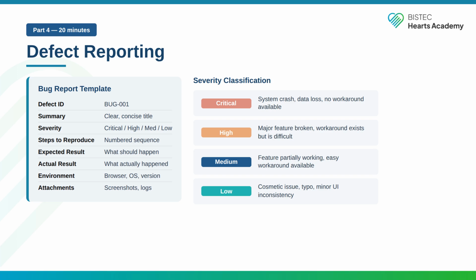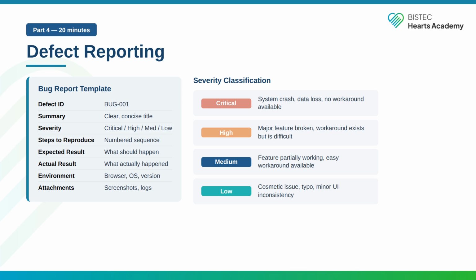High means a major feature is broken, but there is a difficult workaround. For example, the Add to Cart button does not work on the product detail page, but users can add items from the search results page. Medium means a feature partially works with an easy workaround.